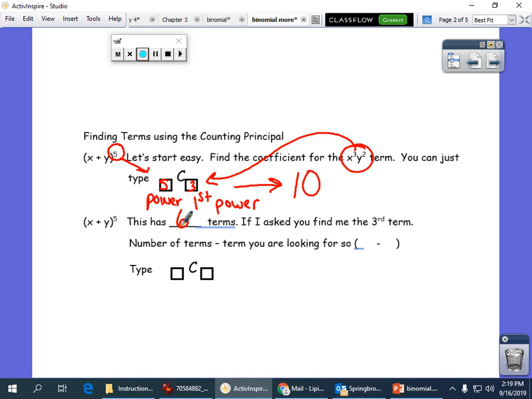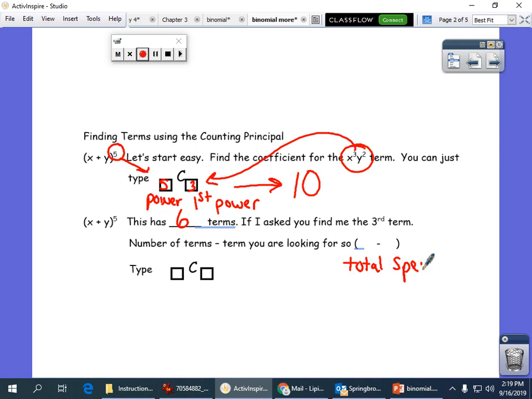Now, they can ask you the problem one of two ways. They can ask you for the coefficient and give you the powers, or they can ask, what is the third term? When it's terms, you have to do it differently. You have to do total minus specific.